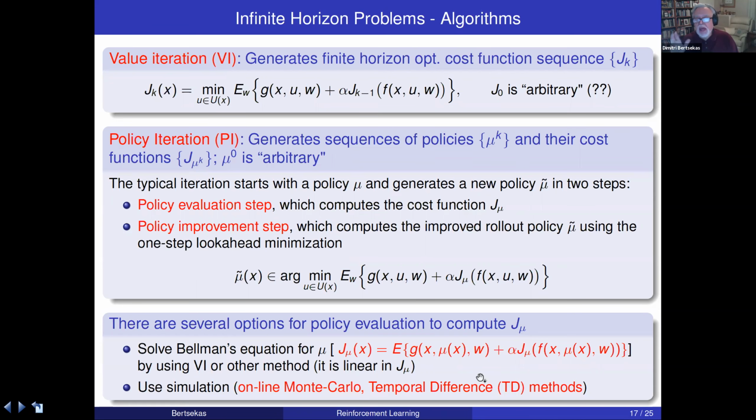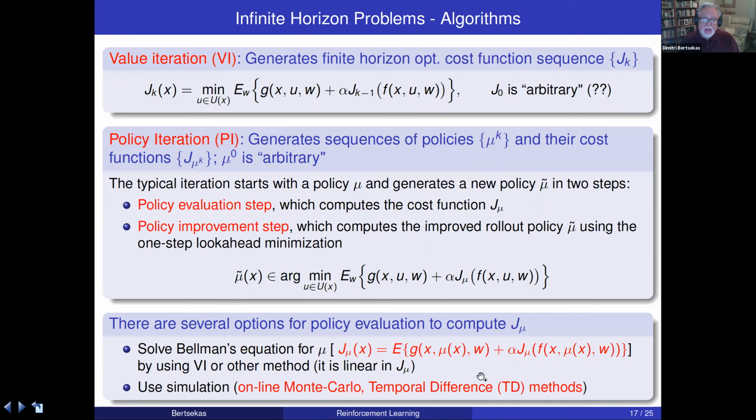They come under the name temporal difference methods. They are considered as some of the most fundamental methods of reinforcement learning. We're not going to cover those very much because it will take us to complications that we don't want to get into, but we're going to mention them sometime later in the future when we talk about infinite horizon methods.